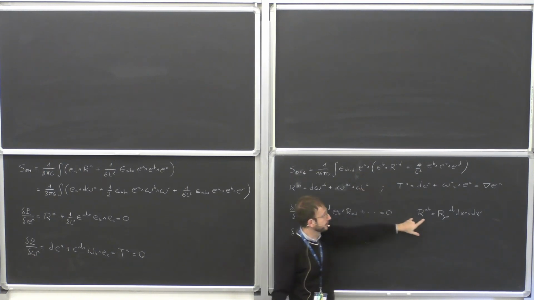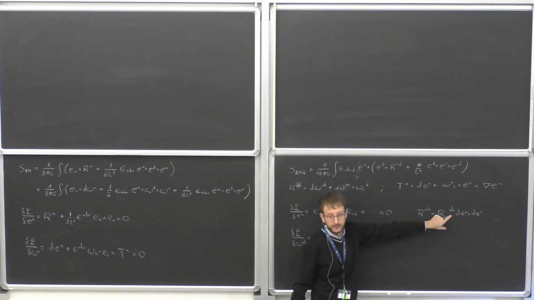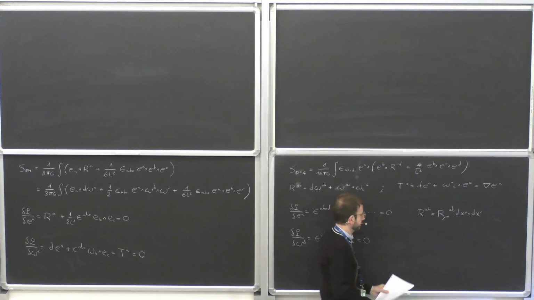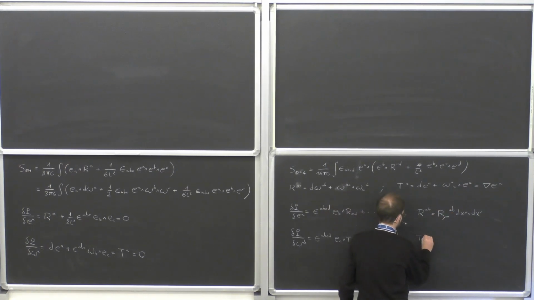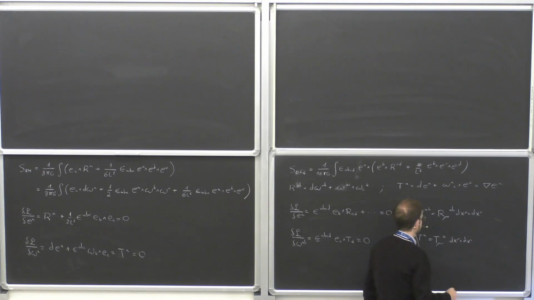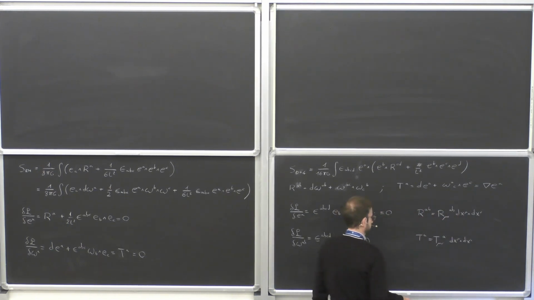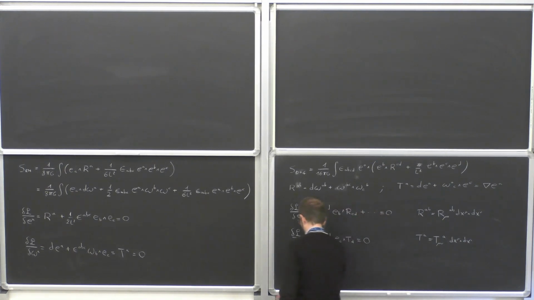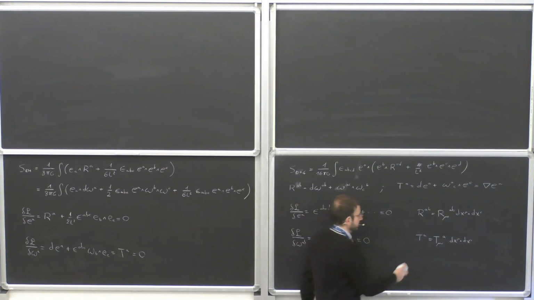So the curvature is a 2-form with these two additional indices, and similarly, the torsion is a 2-form with an additional index. But what is this implying? So that was to clarify the notation.